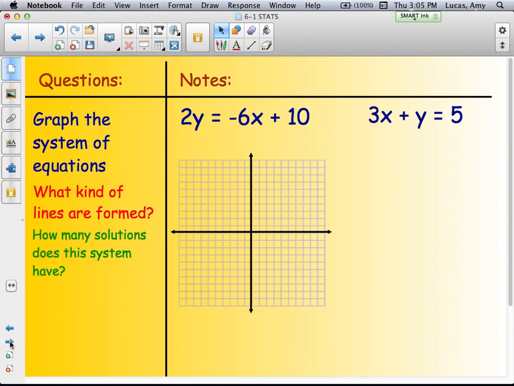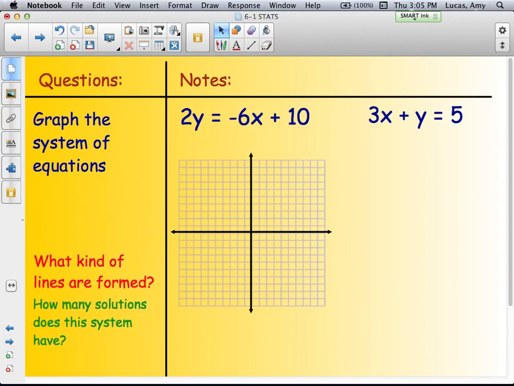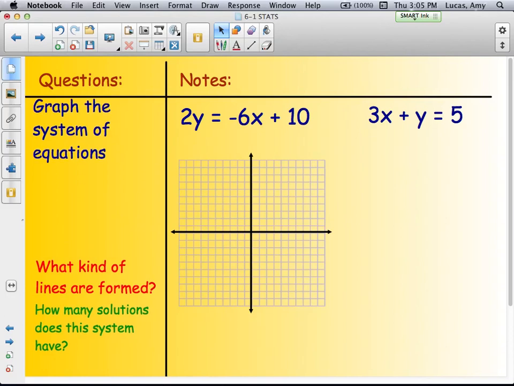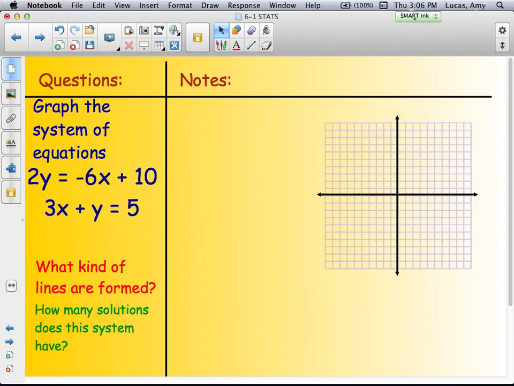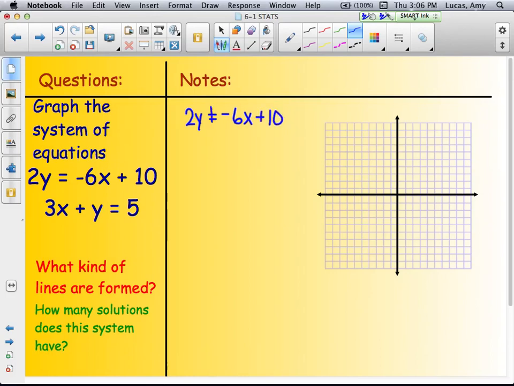Okay, so our first system, you may recognize it's worded in the same way as it was yesterday. We have two equations that we're going to be graphing. The first one is not quite written in slope-intercept form, so we are going to have to do a little bit of work, not a lot.